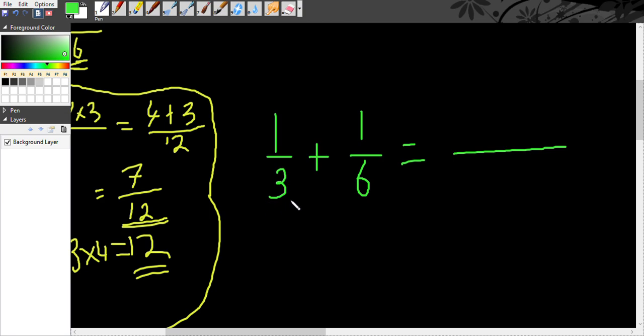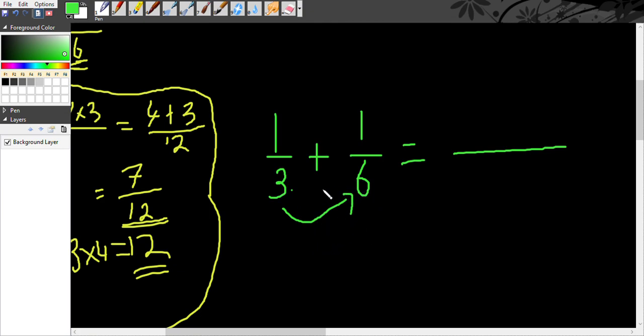If you look at the denominators, you would right away realize that the denominator of the first fraction, which is 3, can actually go into the denominator of the second fraction, which is 6, without leaving a remainder.